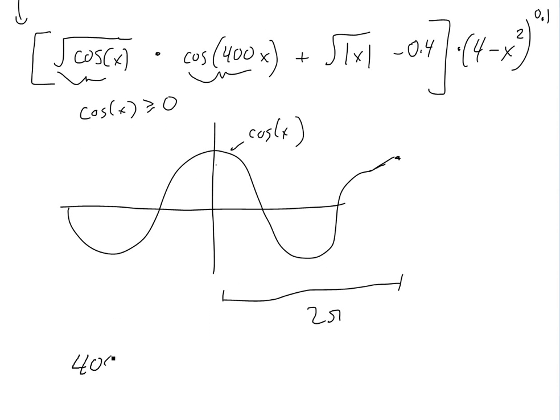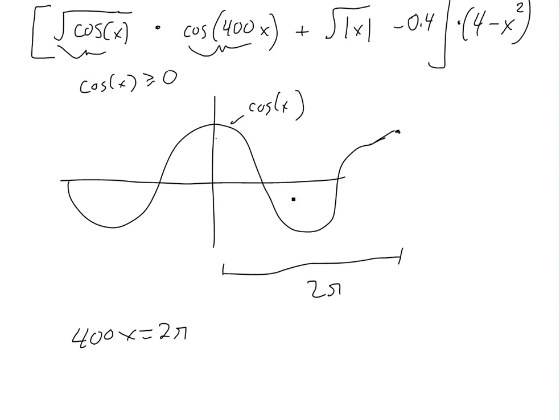If 400x equals 2 pi, that's when it starts repeating itself, so the period is equal to pi over 200.